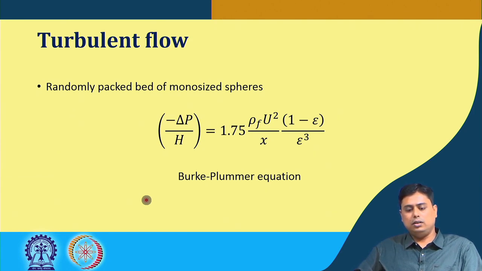They developed this relation after several experiments and observations. When there is turbulent flow over monosized spheres that are randomly packed, and the voidage and other parameters and fluid properties are known, then we can use this expression to calculate the pressure gradient across the bed.